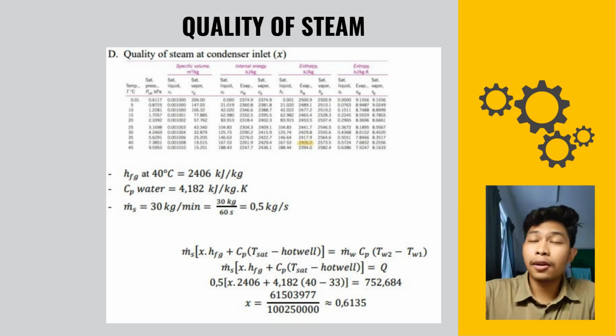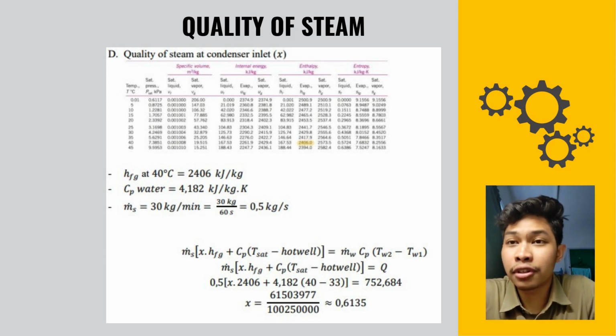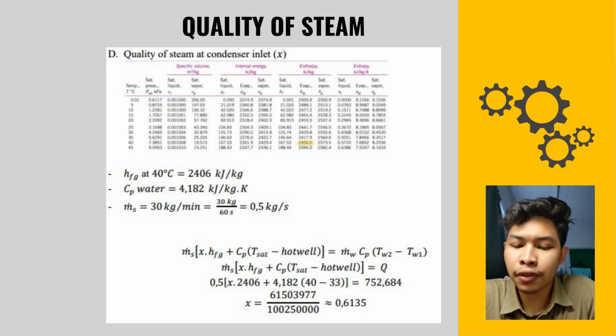Okay, the last question is the quality of steam at the condenser inlet, or X. To find X, we have to know the enthalpy at 40 degrees Celsius, which we get from the table, the coefficient of water, and m.s. We transform m.s from kg per minute in the question into kg per second.